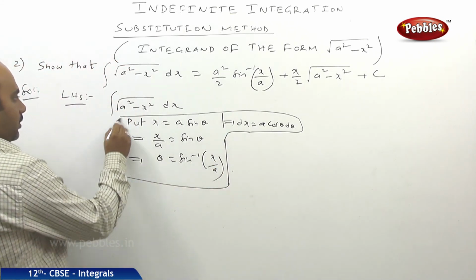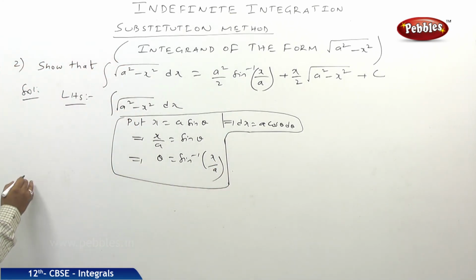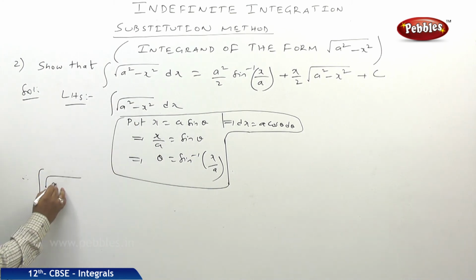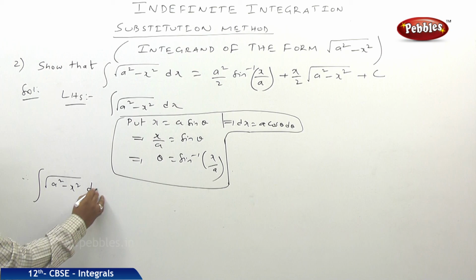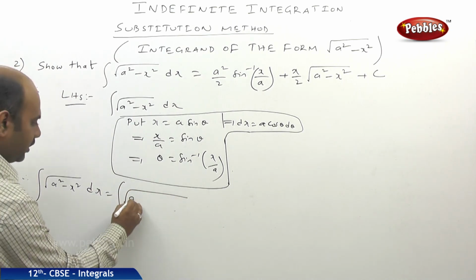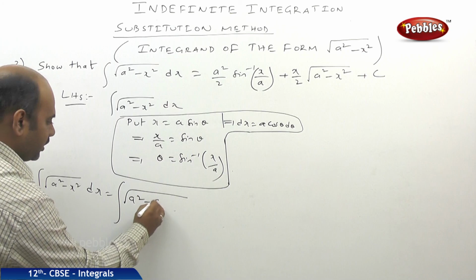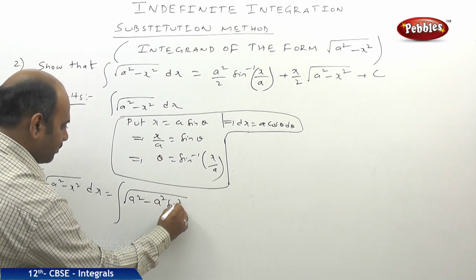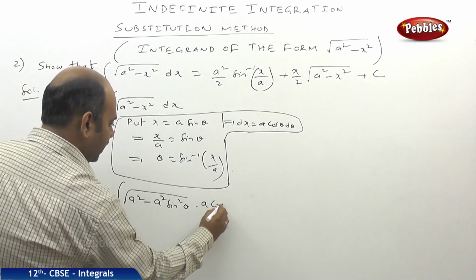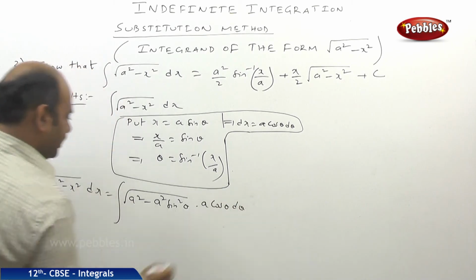Right? So therefore integral of under root of a square minus x square dx is equal to integral of under root of a square, in place of x I need to substitute a square sin square theta, and in place of dx I need to substitute a cos theta d theta.